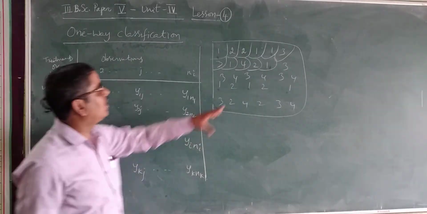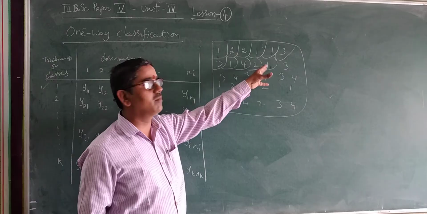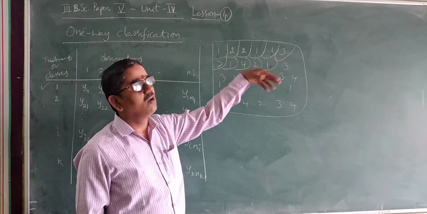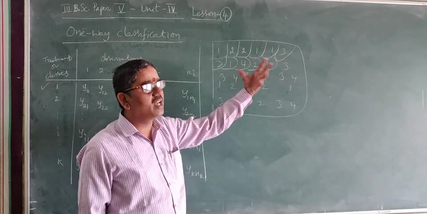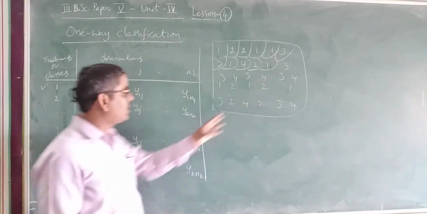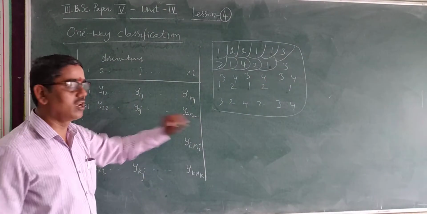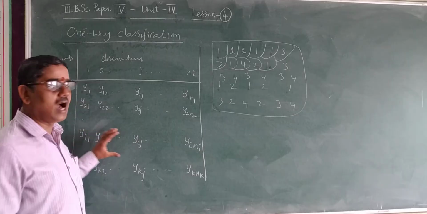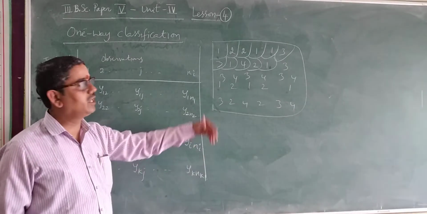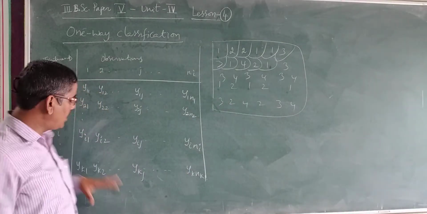Similarly, class 3 is where we have applied treatment number 3, fertilizer 3, on various experimental units. Then the ith class, where the ith treatment is applied, and the kth treatment.